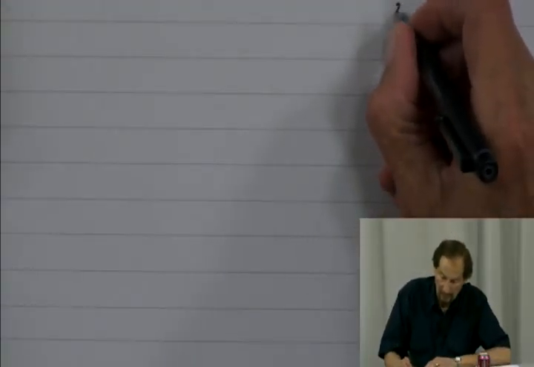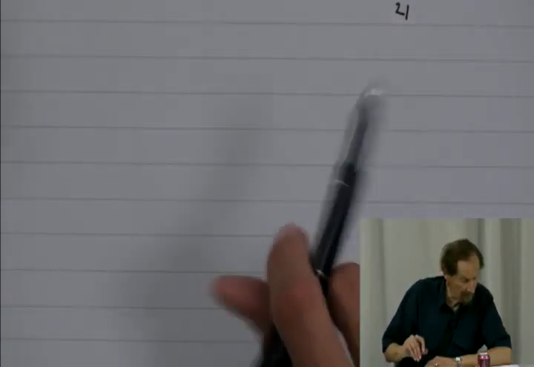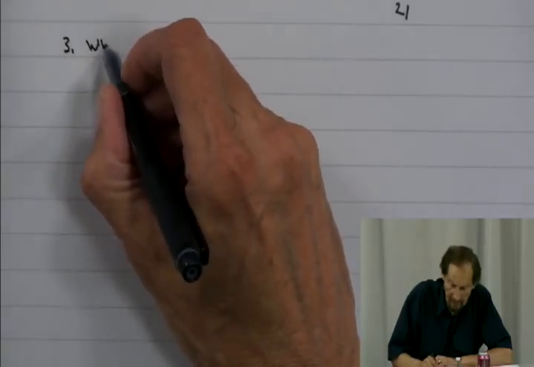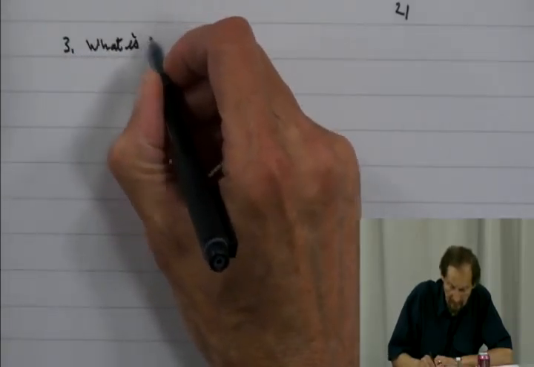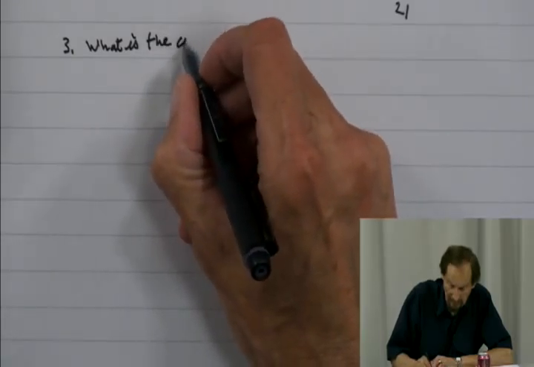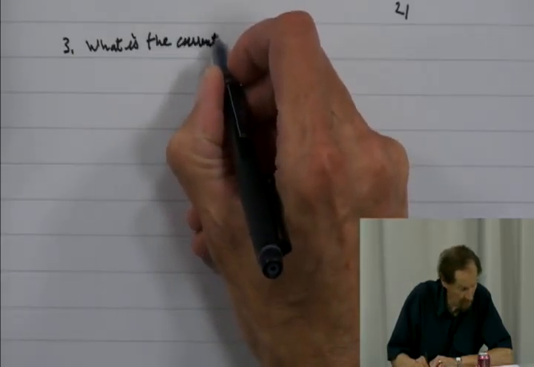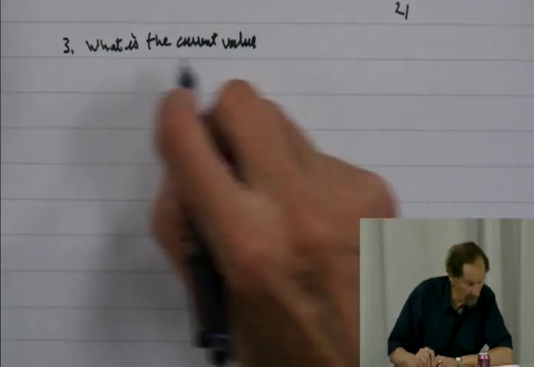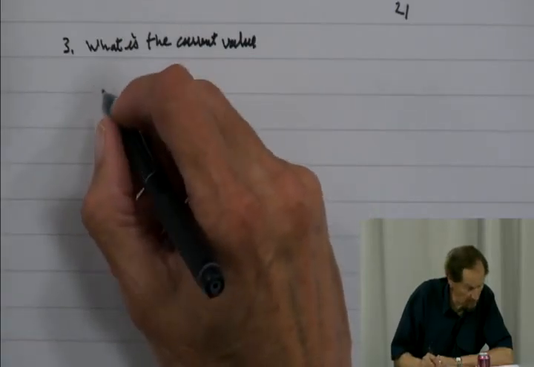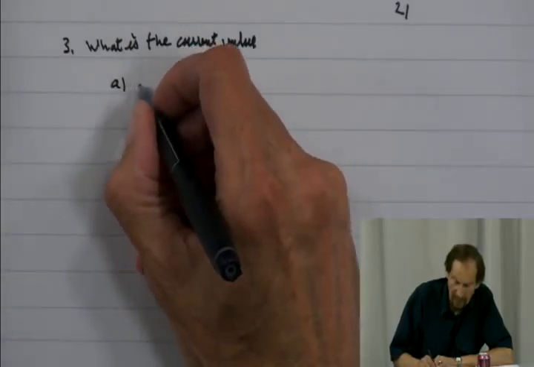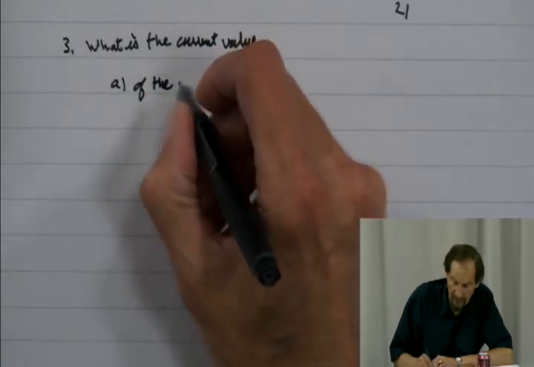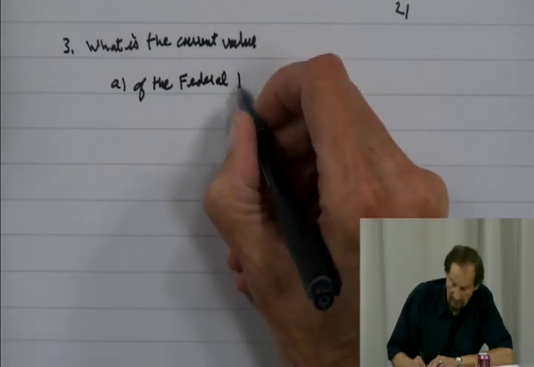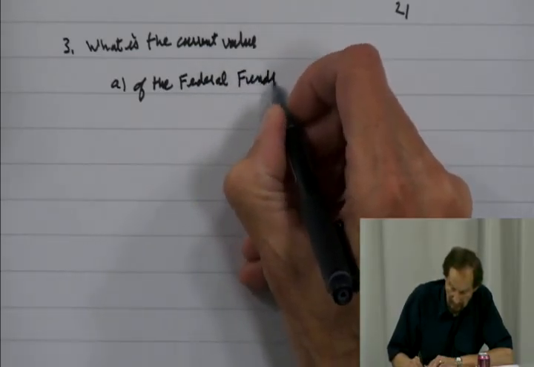Two. What do we have here? 3. What is the current value of A, the federal funds target rate.